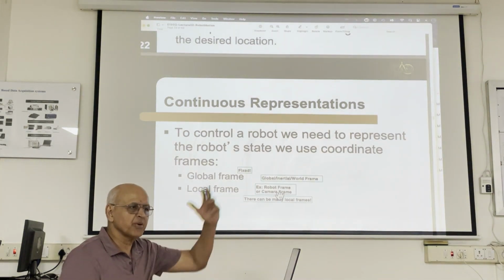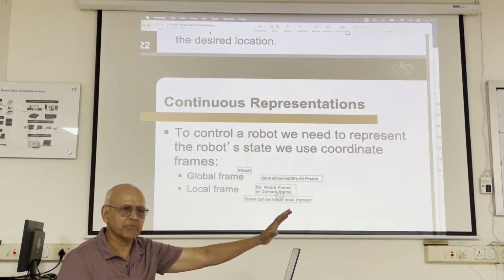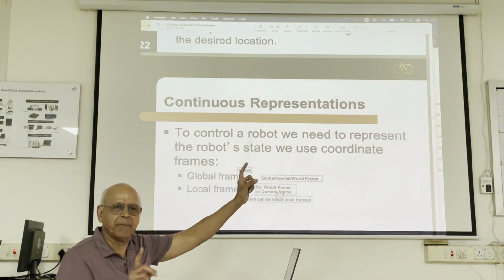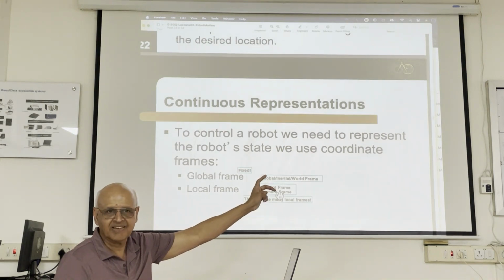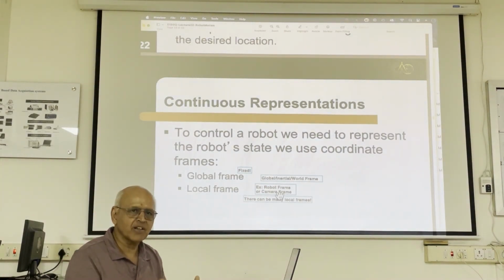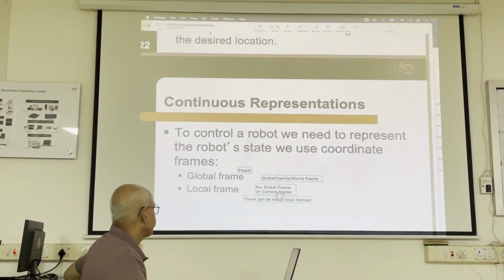So you have to take it and put it on the world frame because the world frame is never moving. You want to build a map on the world frame. That's how complicated it is. No human being could sit and do all the calculations, that's why computers are there to do it, but we have to understand how it's done. There may be many local frames. There is only one world frame, but there can be many local frames.